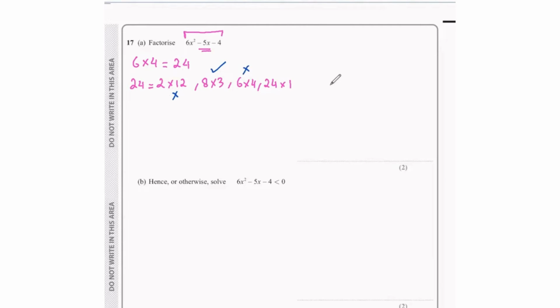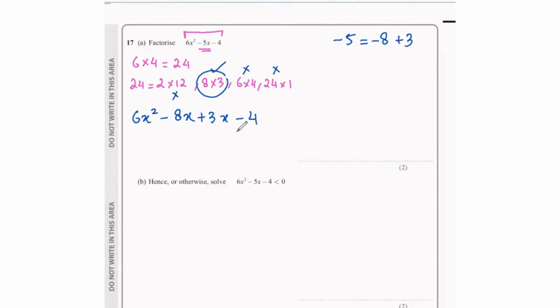And 24 and 1 would also be wrong because 24 minus 1 is 23 and 24 plus 1 is 25. So we're going to replace 5 with 8 and 3. So we're going to rewrite the equation as 6x squared minus 8x plus 3x. And minus 4 comes as it is. Basically, minus 5 is the same as negative 8 plus 3.